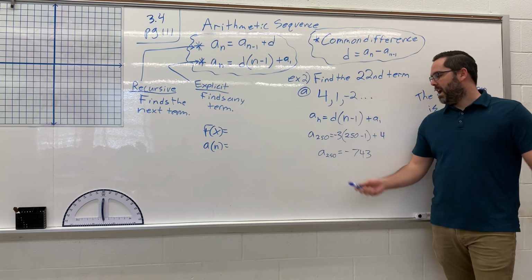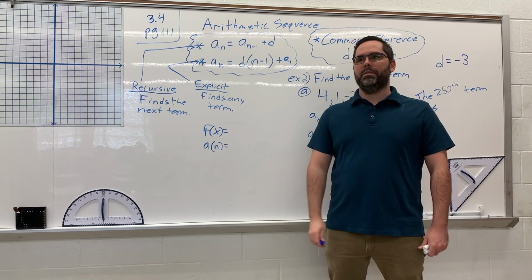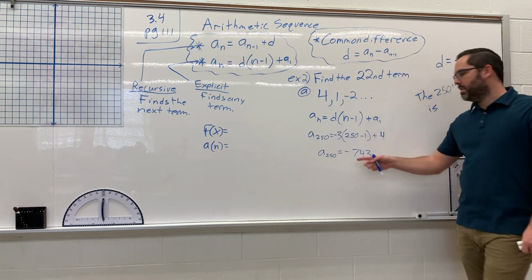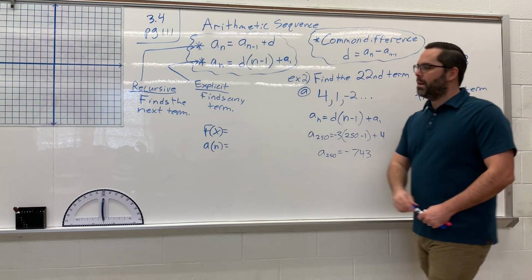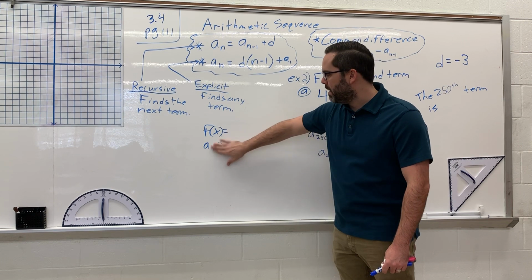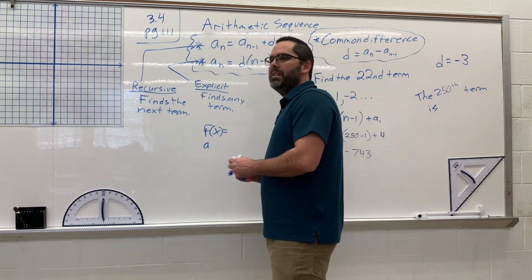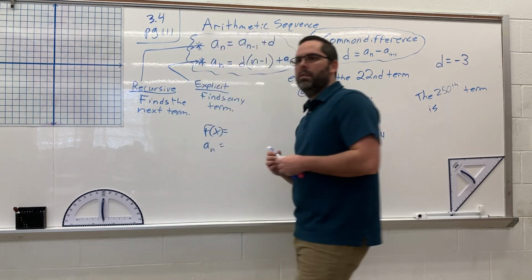So think of this n as the x in our function notation. So when I plugged in 250, aren't I just evaluating the function for 250? Yes. So it's very similar to function notation. But we don't write it the same way. It's not a of n, it's a sub n, but it's the same thing as a of n. Got it?